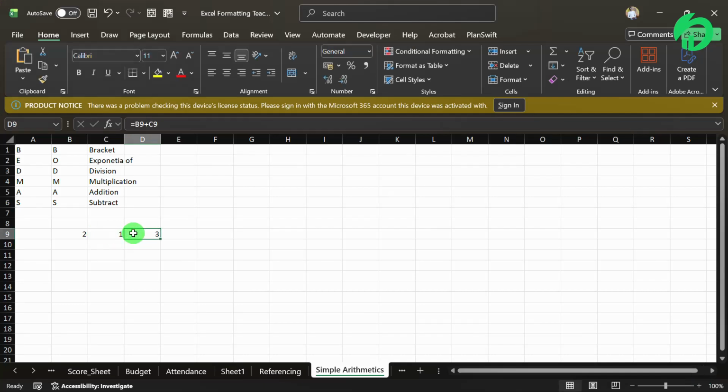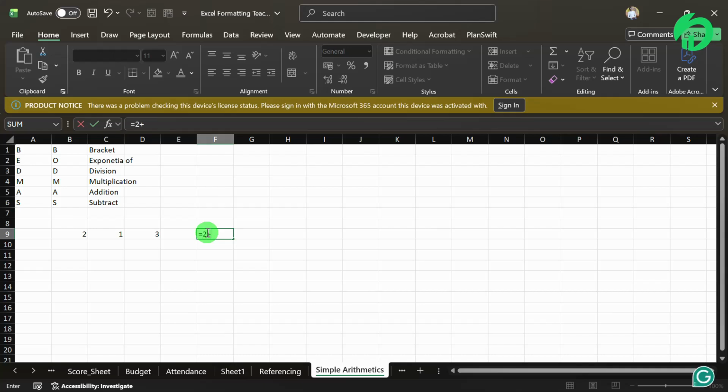This is our basic mathematics. However, in case we need to do the calculation directly without using a cell, we can easily do equals to 2 plus 1, equals to 3.